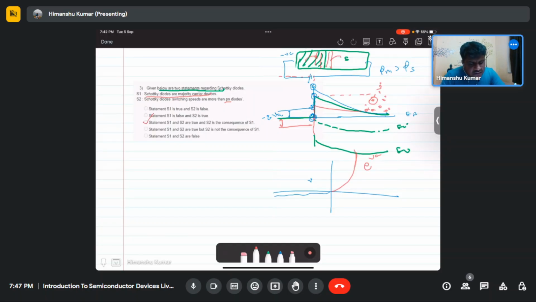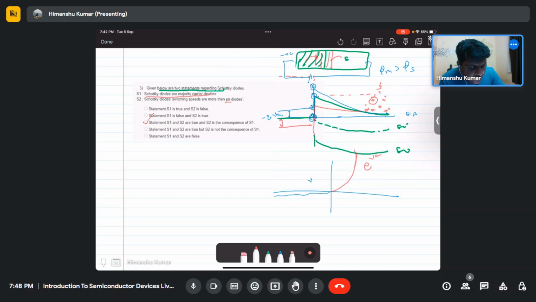Similarly, in the case of reverse bias, those carriers are removed from the junction, so the depletion region becomes wider and wider.